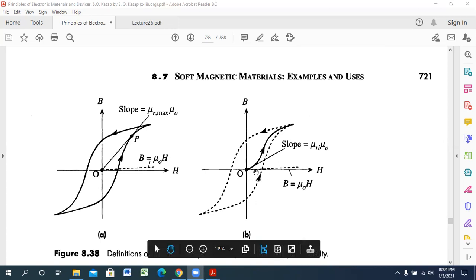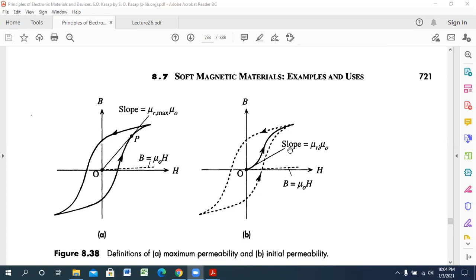So to get the initial permeability, we have to draw a tangent starting from the origin zero to that initial curve. The value of this slope will give us the initial permeability.